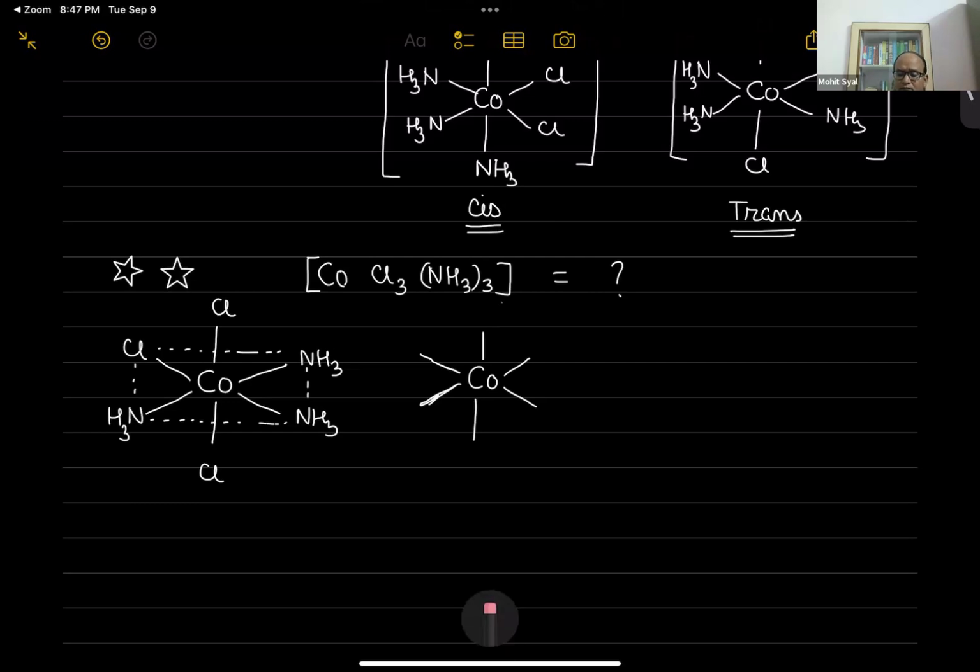NH3. NH3, okay. And this one? NH3. This one Cl. NH3, okay. And then you have Cl and Cl. Got it? Yes. But both of these are the same. They are identical.